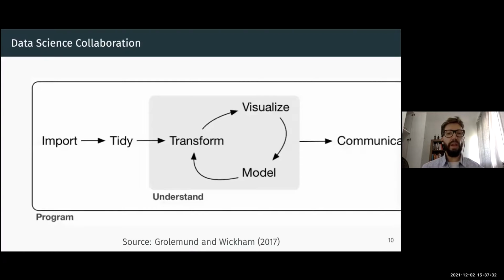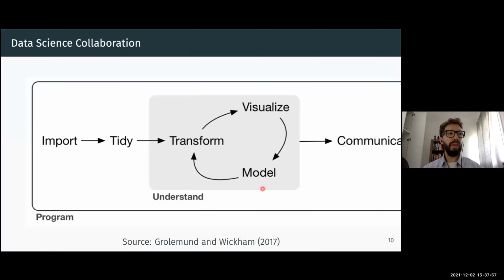When we talk about the data science workflow, we usually talk about this part here: transforming the data, visualizing the data, modeling the data.